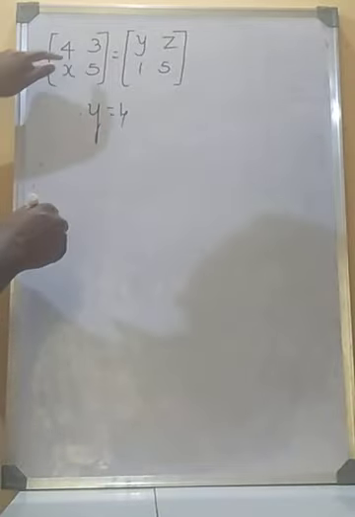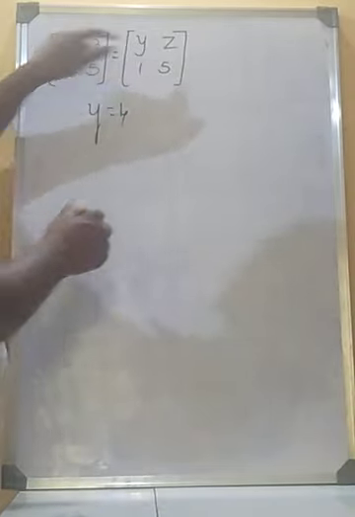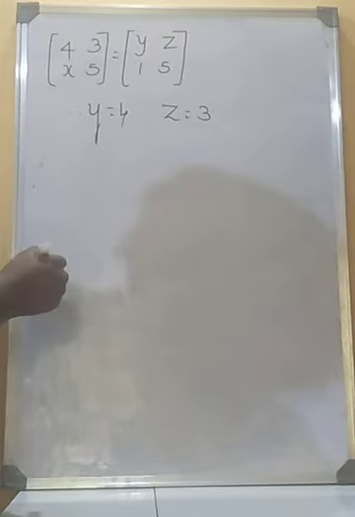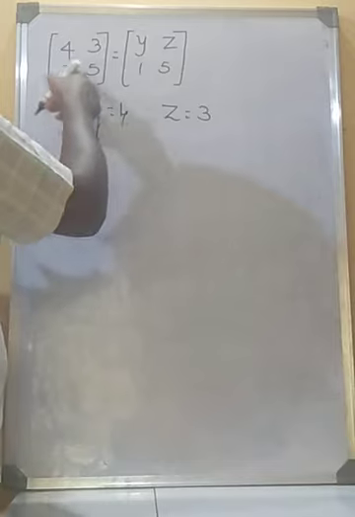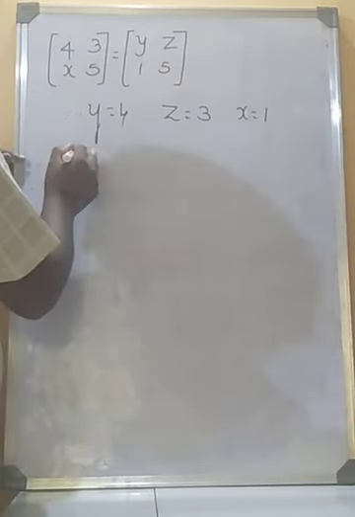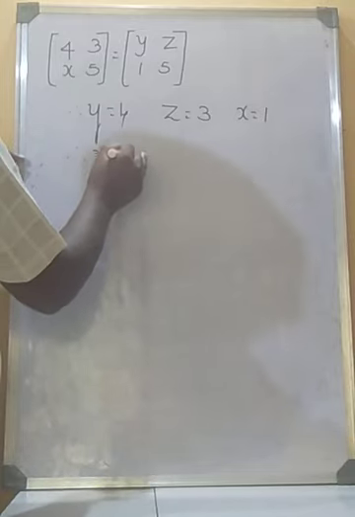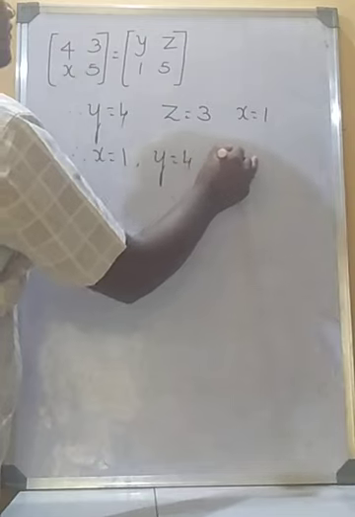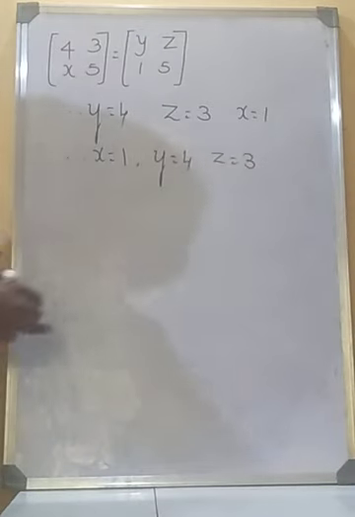The corresponding element of 3 is z, so z is 3, and the corresponding element of x is 1, therefore x is equal to 1. So x is 1, y is 4 and z is 3. Okay, right.